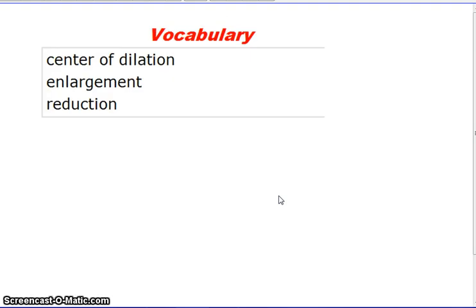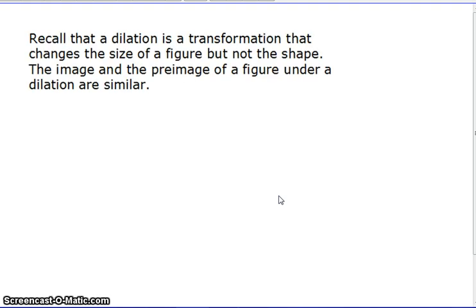So today we're going to draw some dilations, which you have done before. We're going to talk about center of dilation, enlargement, and reduction. Recall that a dilation is a transformation that changes the size of a figure, but not the shape. So let me grab a figure. Here's a figure.